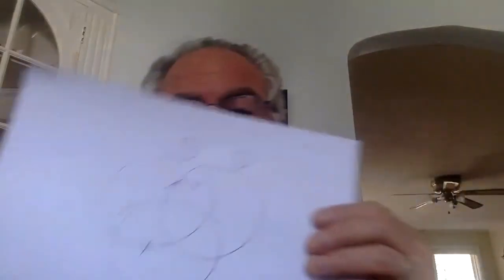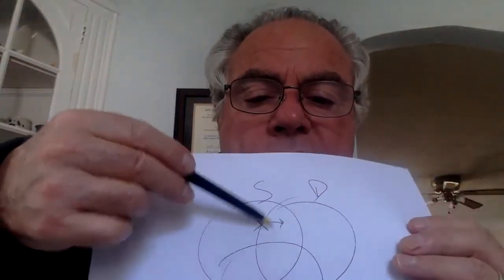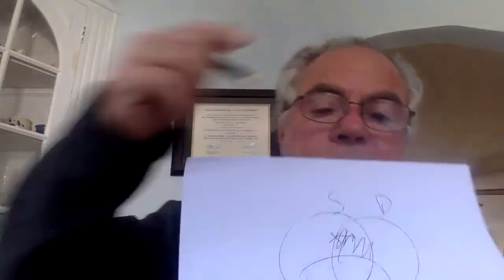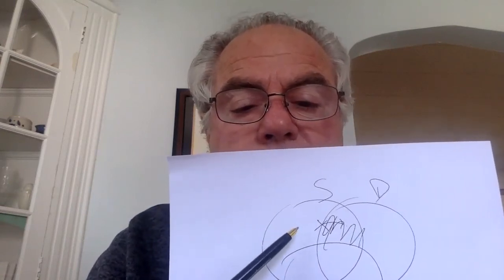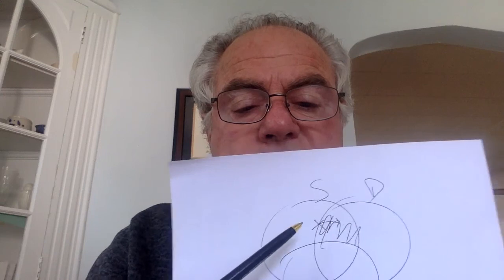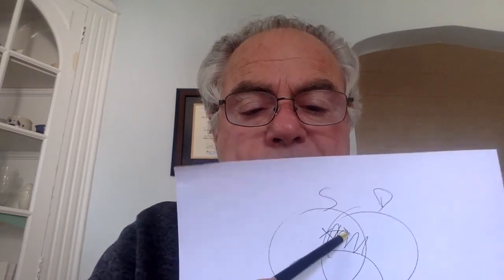If it says some S is P and the M's are all crossed out, then you don't put it on the line. You can't put the X on the line if one side of the line is crossed out. Like in this one, for example, if this side of the line were crossed out and it said some S is not M, then is not P, it would have to go here because I can't put it there.